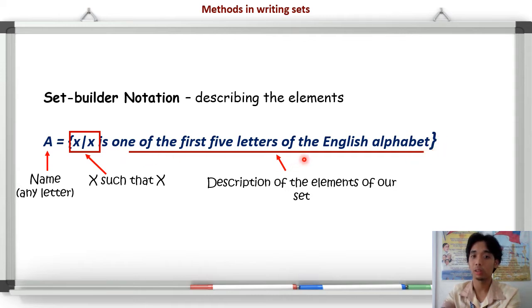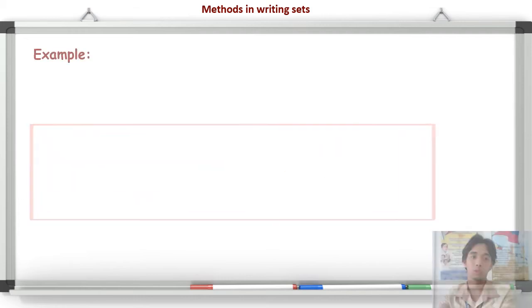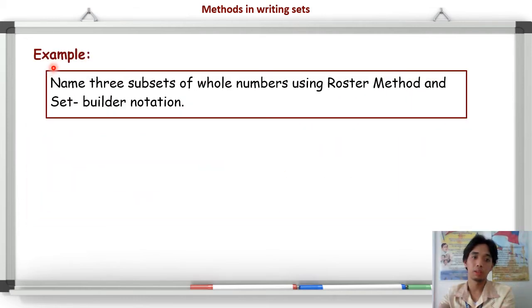To elaborate on these two methods in writing sets, let's do an activity. Try this example: name three subsets of whole numbers using roster method and set builder notation.